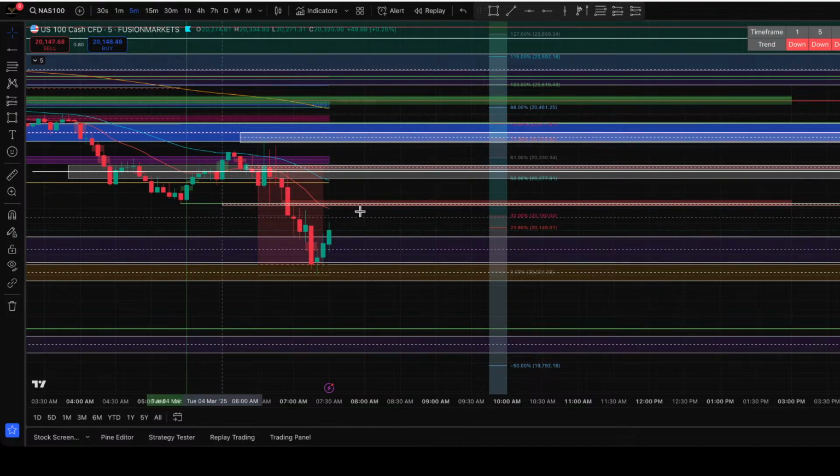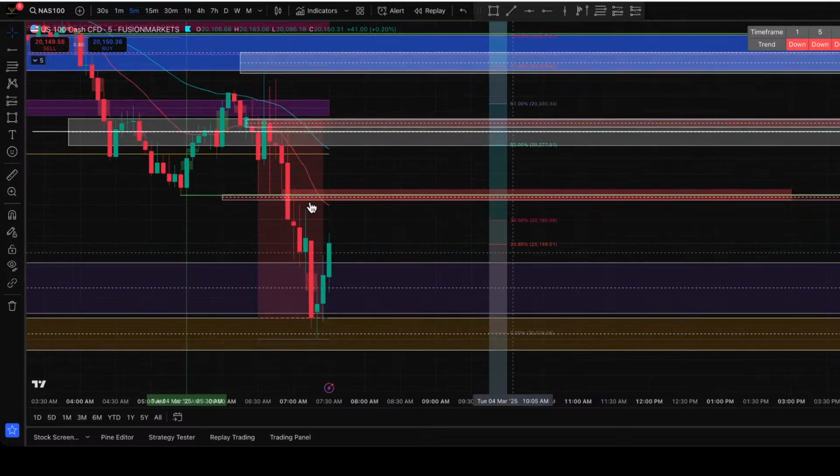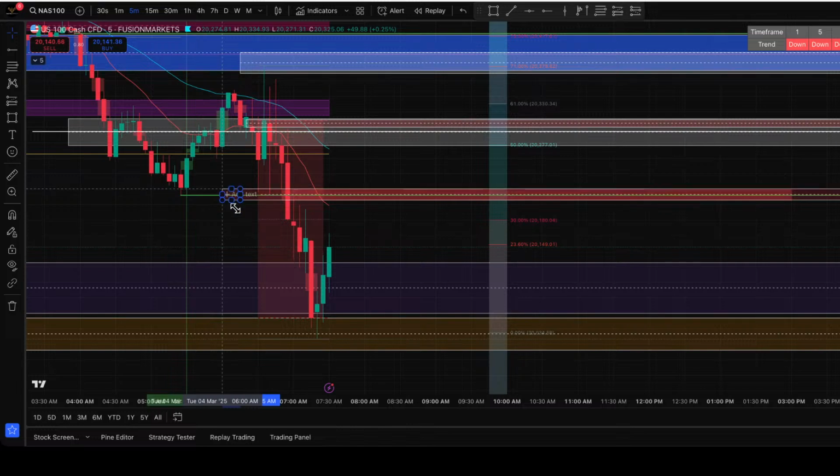But I can see it coming all the way up here to this level, which happens to be our NY fair value gap as well. I'll fix this on the 5. What level is that? 2211. Most likely come up to 2211 here.